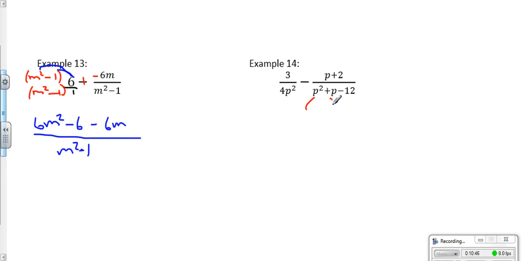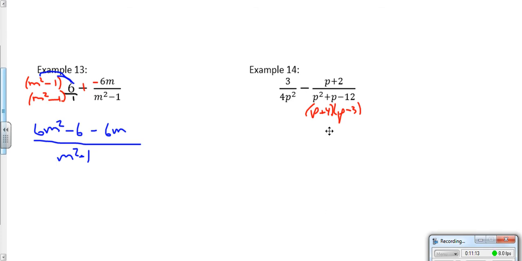If we can factor this, maybe we can cancel this p plus 2 out. So let's see, factors of negative 12 that have a difference of 1, that'd be 4 and 3, and you want a plus 1 when you add them together.